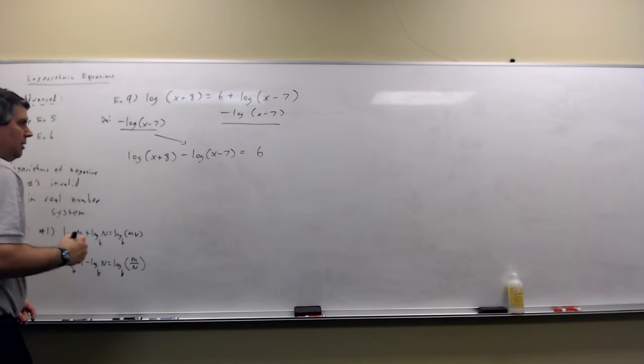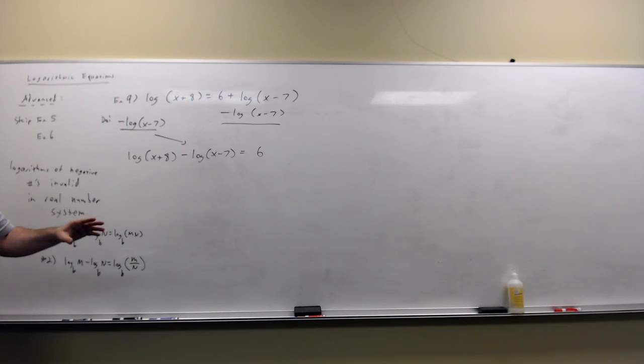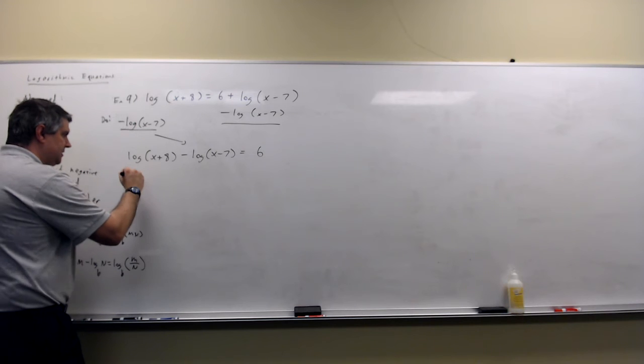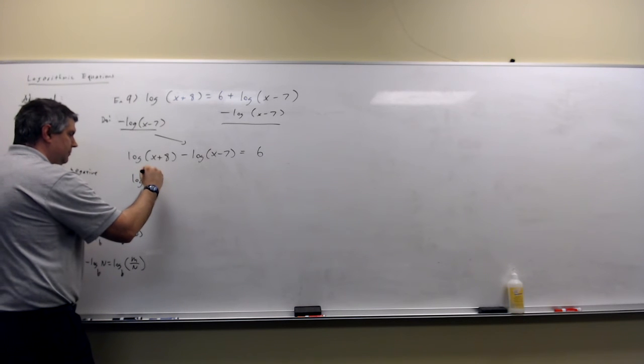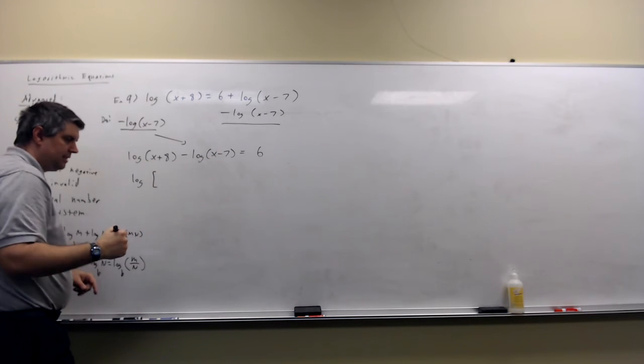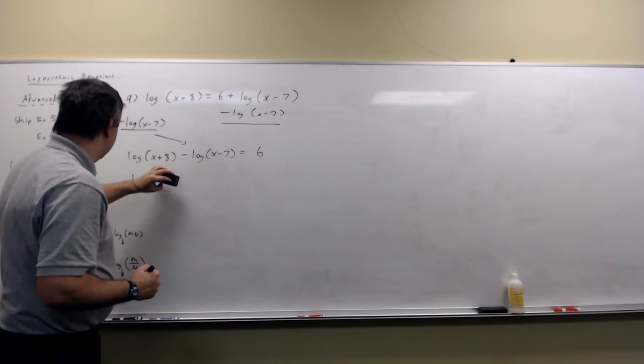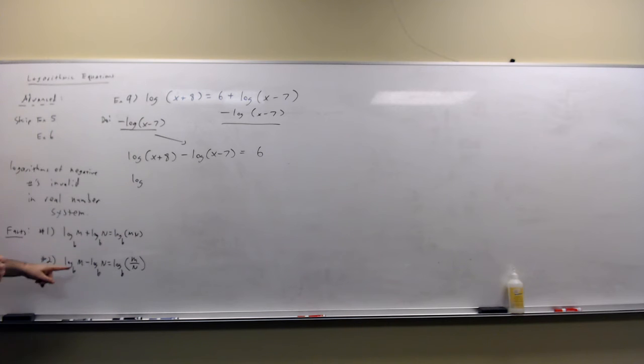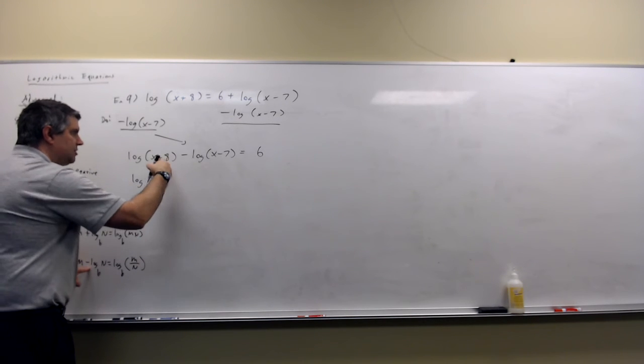So now we have this situation. Let me go ahead and combine this into a logarithm. This is not a product; we're using this relationship because it's subtraction. So logarithm of this over this.